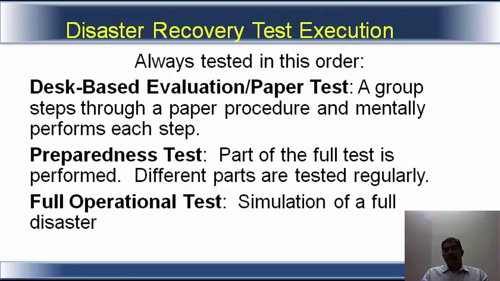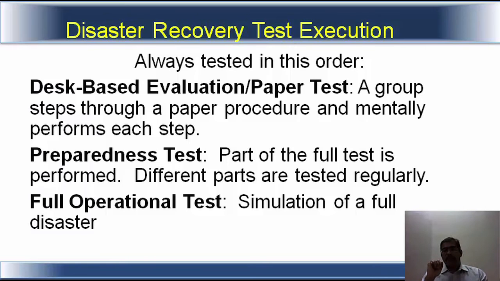Now, a disaster recovery test execution is always tested in the order given in the slide. It's a desk-based evaluation or a paper test. A group steps through the paper procedure and mentally performs each step. Then the second one is the preparedness test. It's a part of the full test which is performed, and different parts are tested regularly.